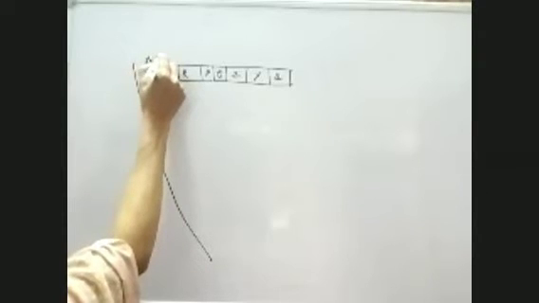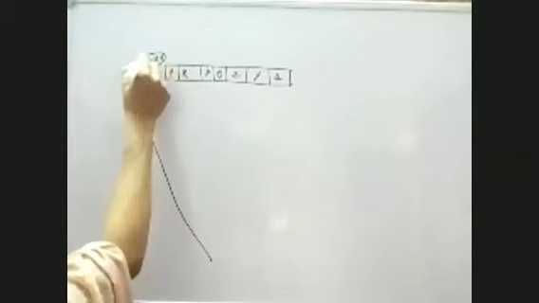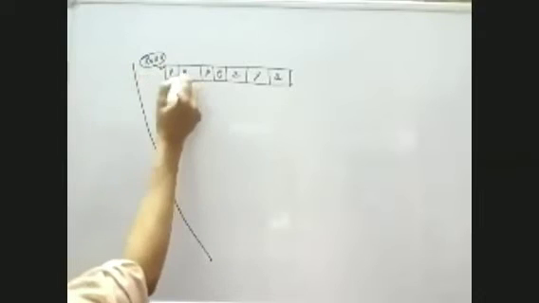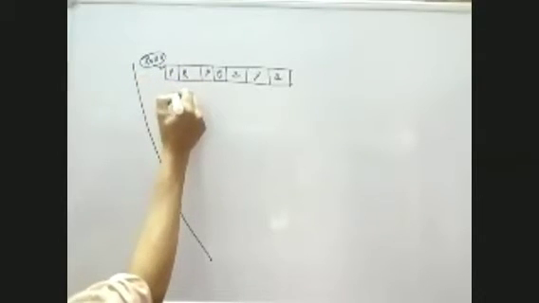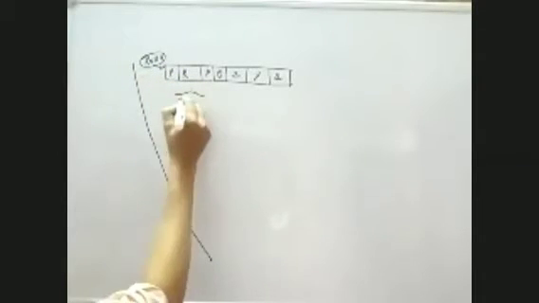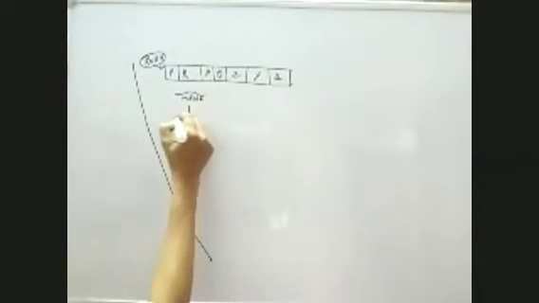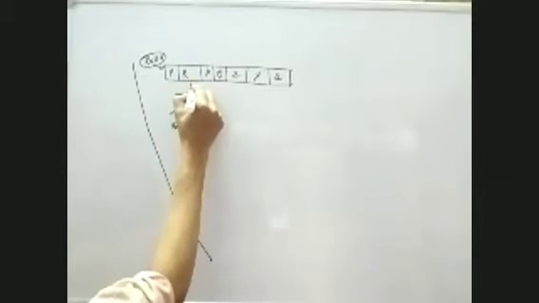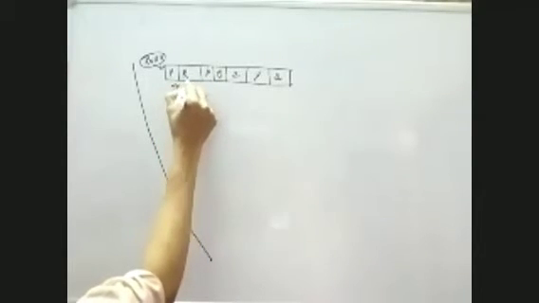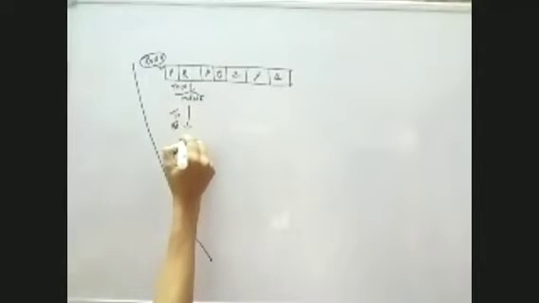RNA polymerase attaches with this, and as a result this activates, and a messenger RNA is formed as a result of transcription. As a result of translation here, a repressor protein is formed.